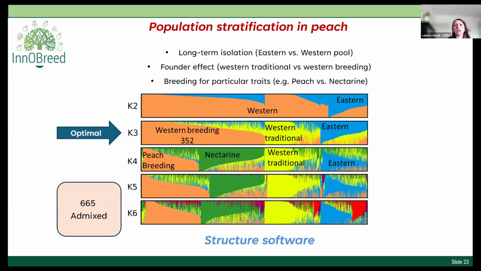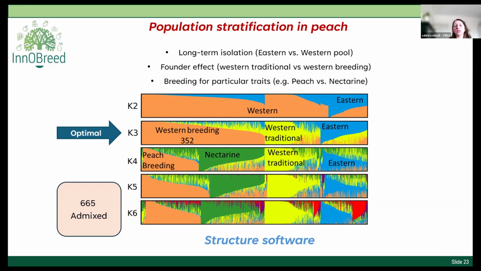And then at K4, the Western breeding varieties divided into two other subgroups, grouping mostly peaches on one hand and nectarines on the other.